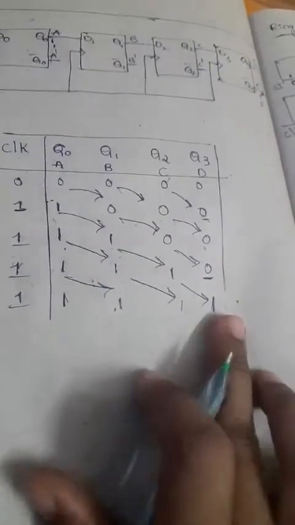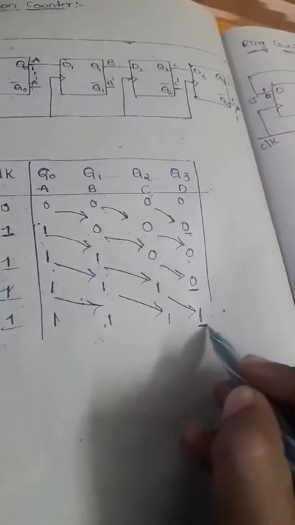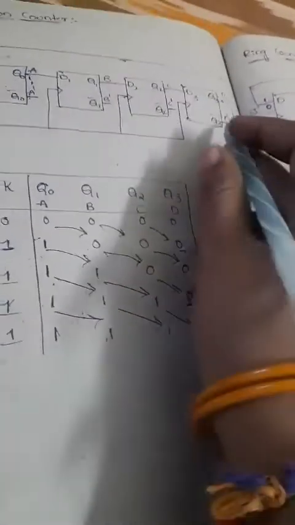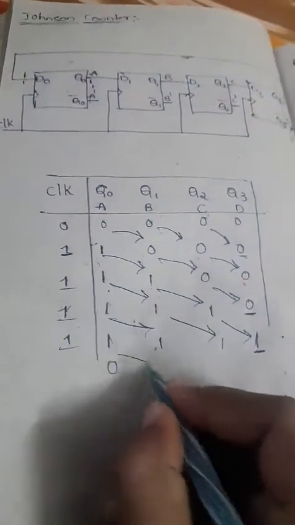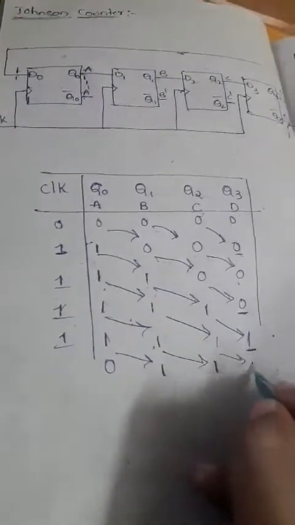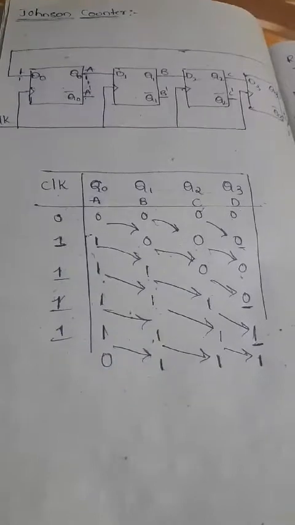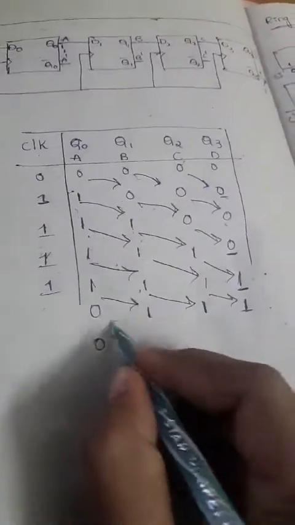After 4 clock pulses, what is the last data we get at Q3 output? That is 1. We take its complement here, because it is connected to the complement path. So 0, again 1, 1, 1. For this again you have to take the complement, 0.